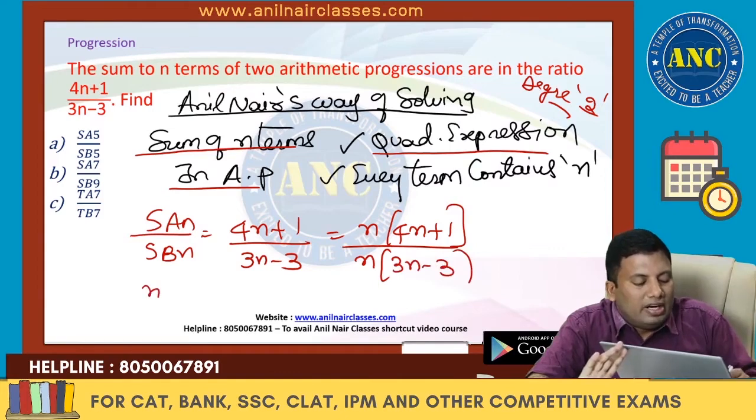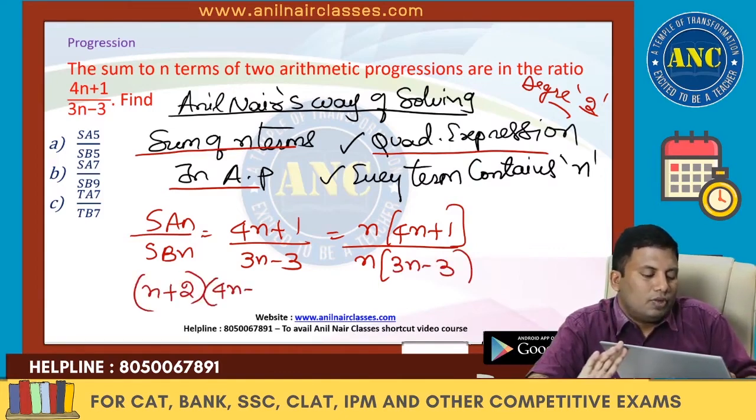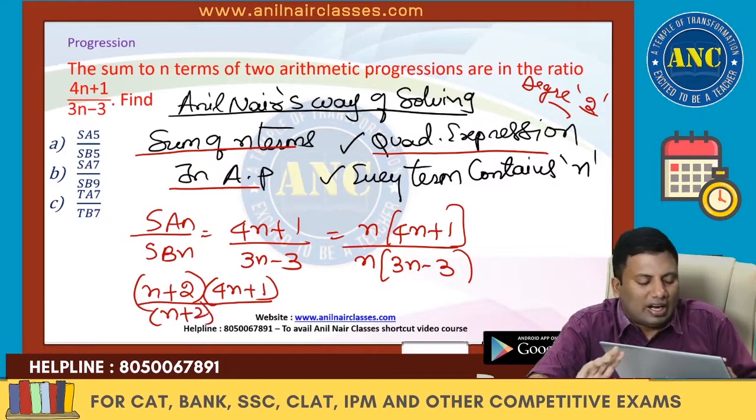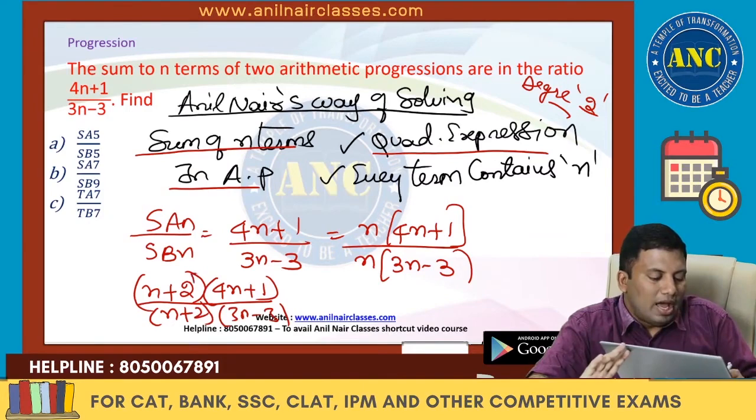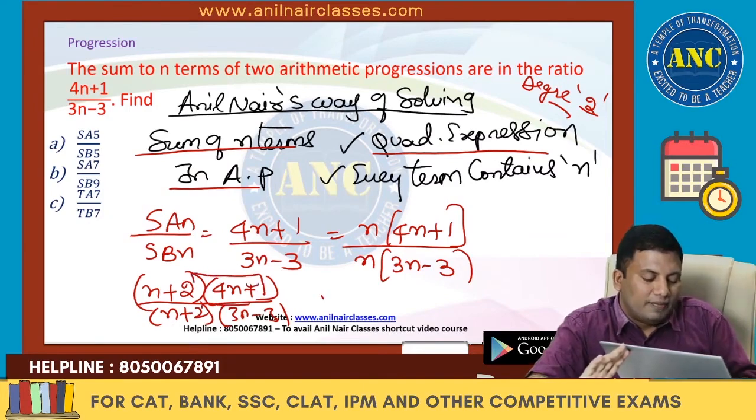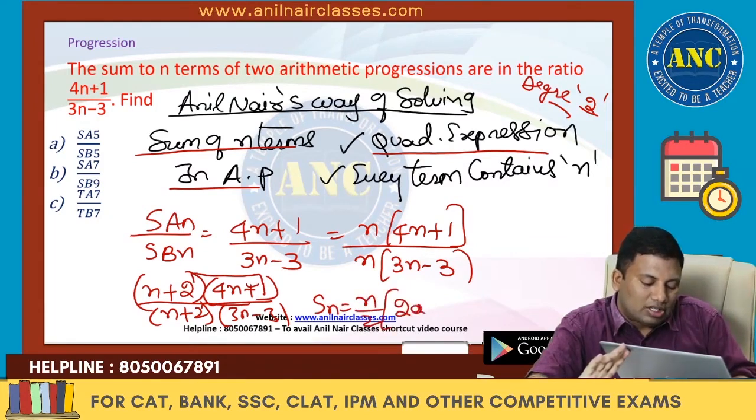Sir, why did you not do it with n plus 2? If I do it with n plus 2 or n minus 2 or anything, I am getting a constant value. In the sum of n terms in AP, there is no constant.